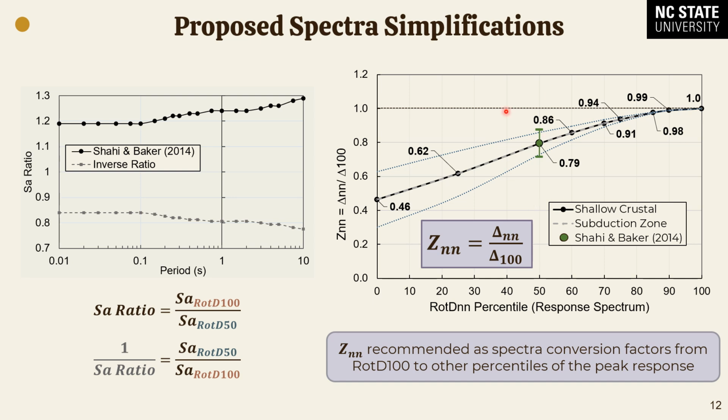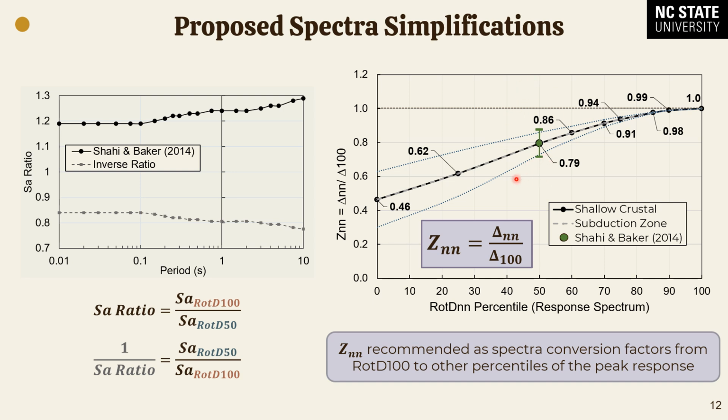So we can use these conversion factors at any damping ratio and any tectonic region or type of ground motion signal. As you can see here, our mean rho D50 to rho D100 ratio that we're calling ZNN, NN representing any percentile, is equal to 79% of the maximum, which is exactly the same as the average that Shahi and Baker found for rho D50, and the standard deviation matches quite well, given that they used more than 10,000 records and we used under 100 records for our study, which gives us good credibility, at least in this percentile.